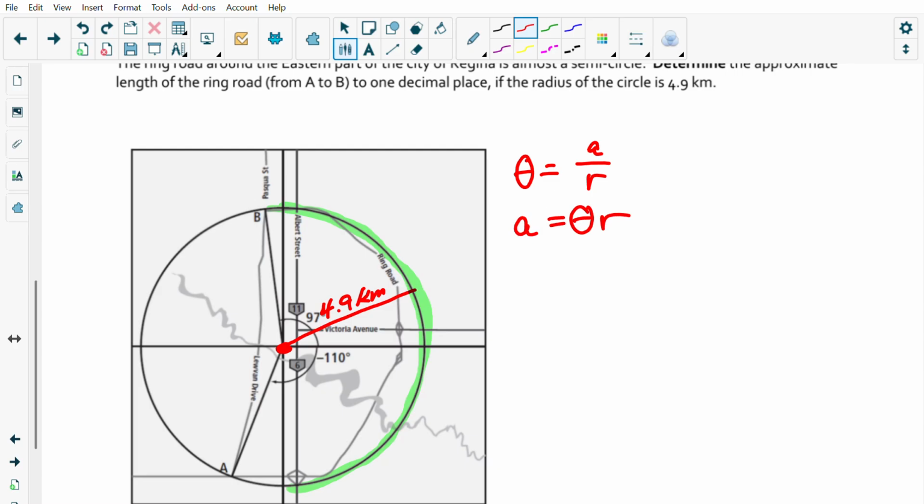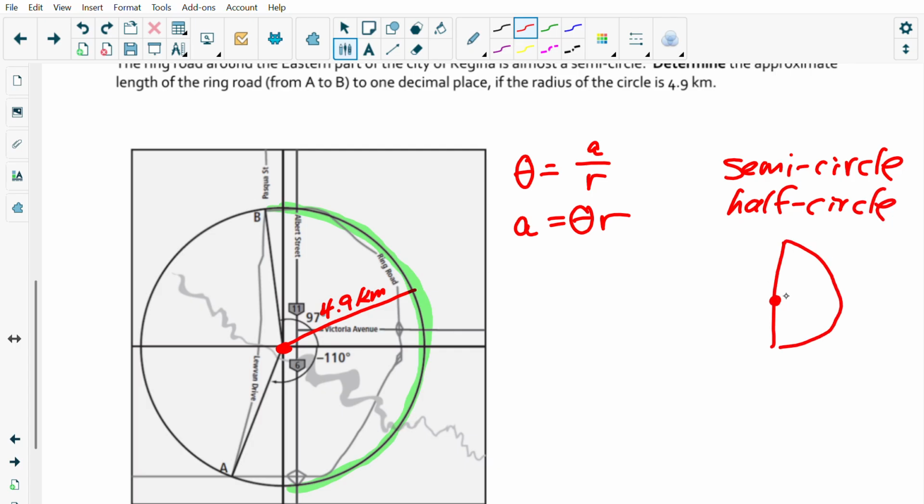Arc length equals theta times r. What's the central angle for a semicircle, or half circle? Well, that's 180 degrees, or π radians.